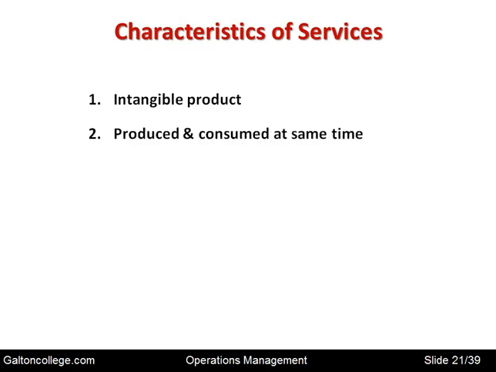And generally speaking, it's produced and consumed at the same time. A lot of services, when they come into existence, they are consumed at the same time. If we order food in a restaurant, you could say production takes place in advance of the consumption, but by and large, the production is a consequence of the order taken.